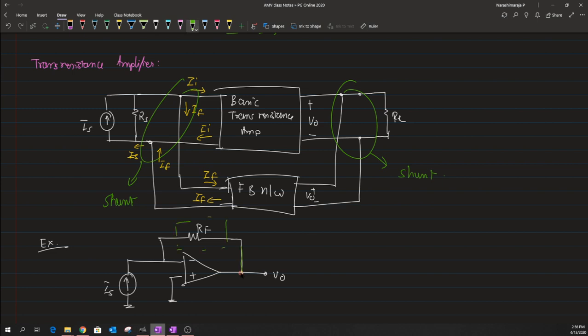So the type of sampling that we are doing is a voltage. And the type of mixing that we are doing is a current, just because the current has to flow in these two paths, as well as the Ii component.